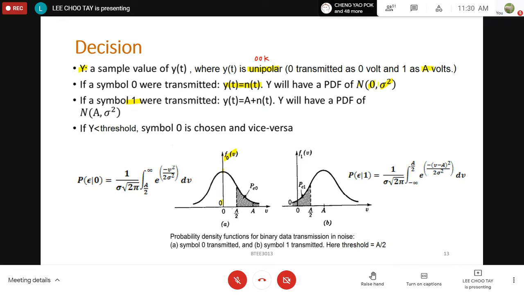So in this case, the mean value for the PDF is at A, so it's centered at A, plus noise.